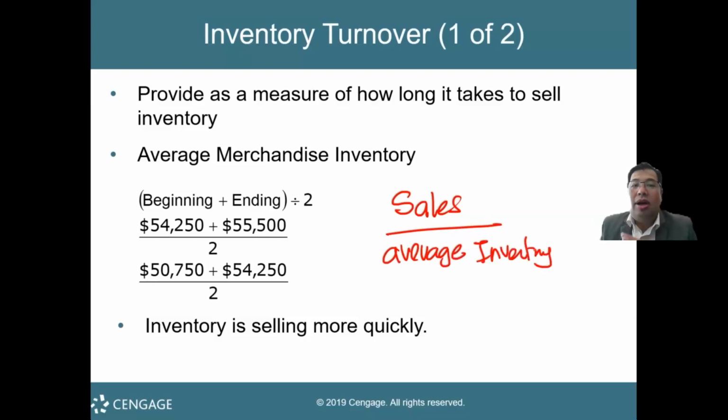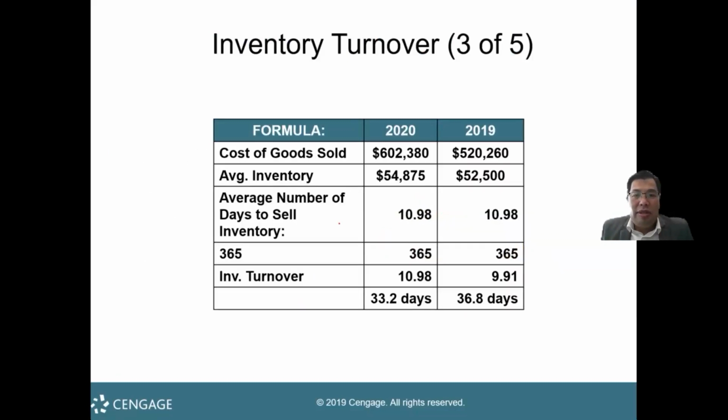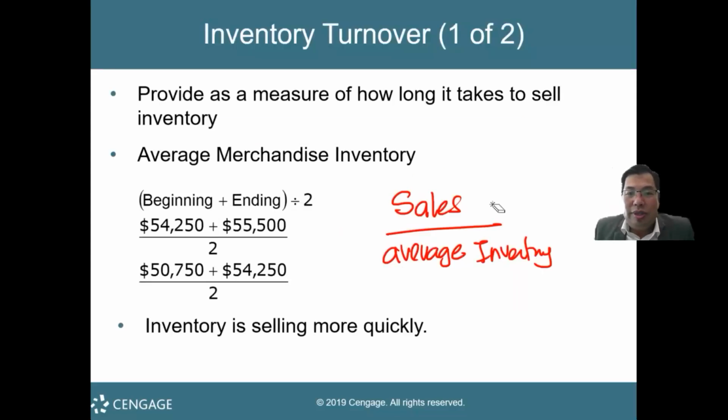This is for inventory turnover. For account receivable turnover, the formula is sales divided by average account receivable, so sales is on the top. So this is the example here. Sorry, this is not sales, this is cost of sales.